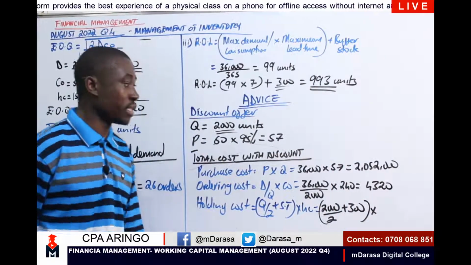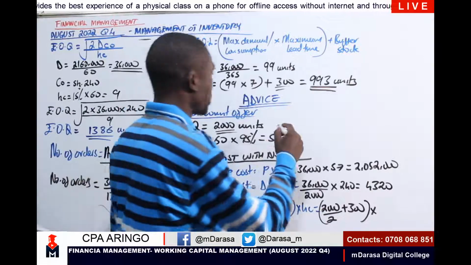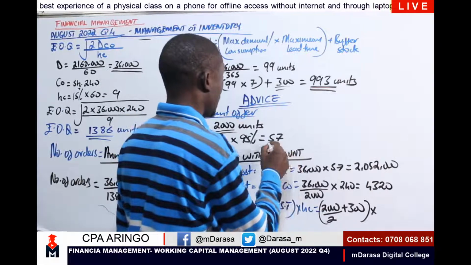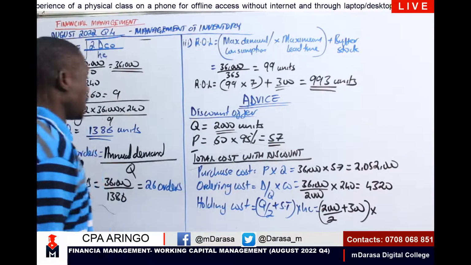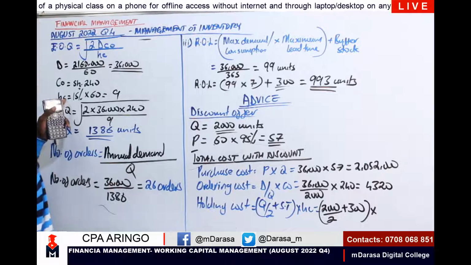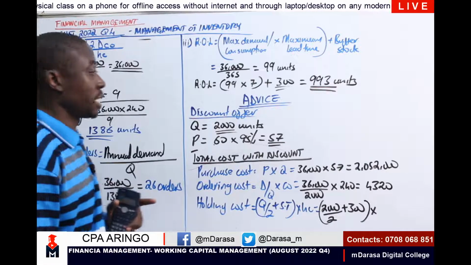Our holding cost here will change because we are told the new purchase price is 57. And remember, you determine holding cost based on the purchase price.